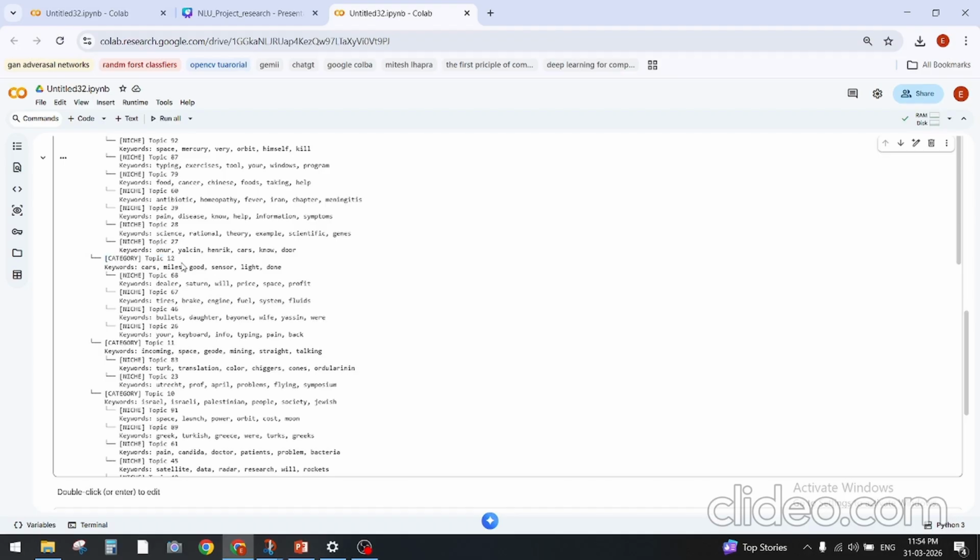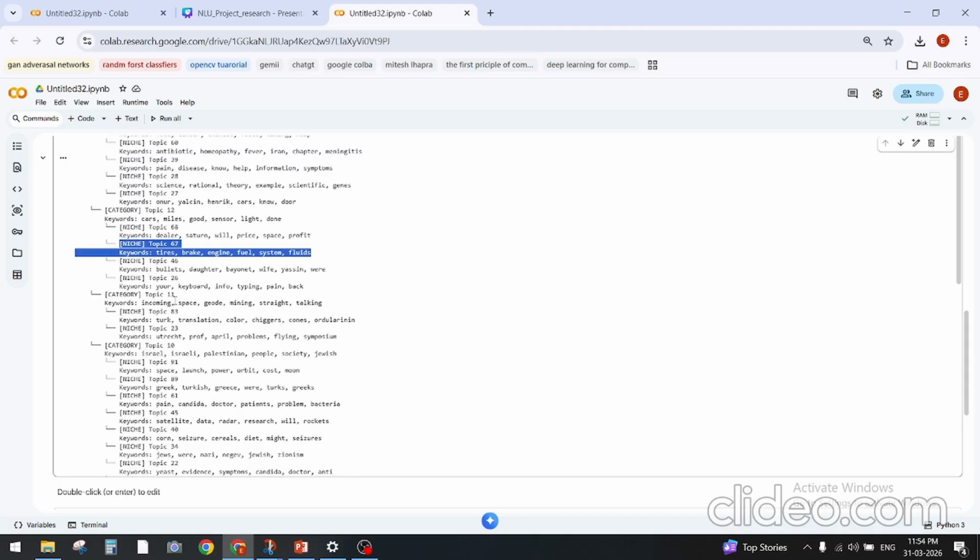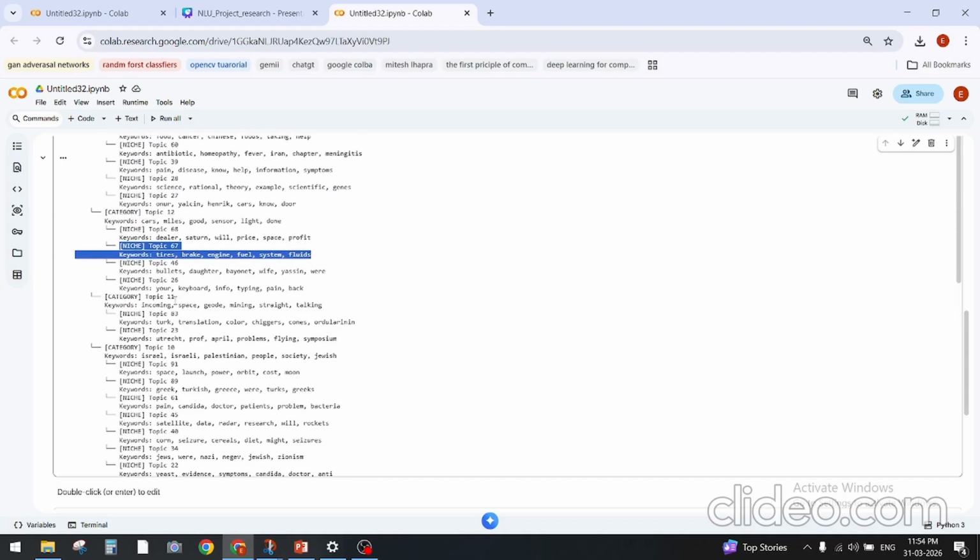In topic 12 similarly, topic 68, where dealer, Saturn, car, sell, price, was separated from topic 67, which is more about hardware or machinery of the automobile, like tire, brake, engine, fuel, system fluids. So in level 1 also we are performing further separation based on the topics. In case of space we did separation based on hardware or physics, and human exploration. Similarly here in automobile also we are performing the separation.